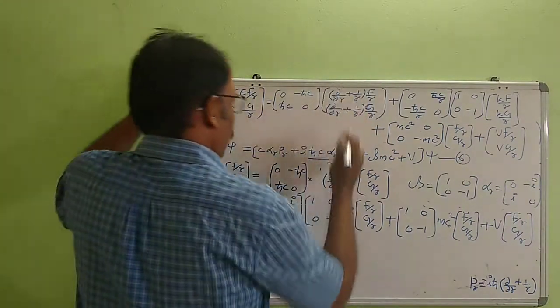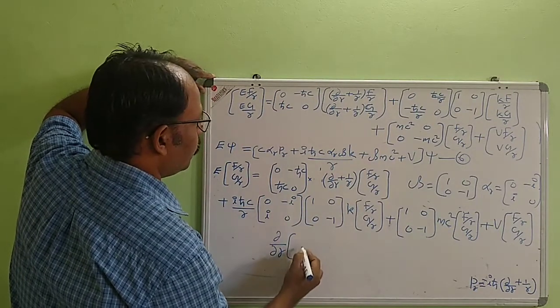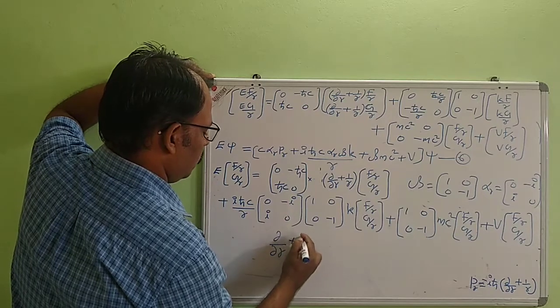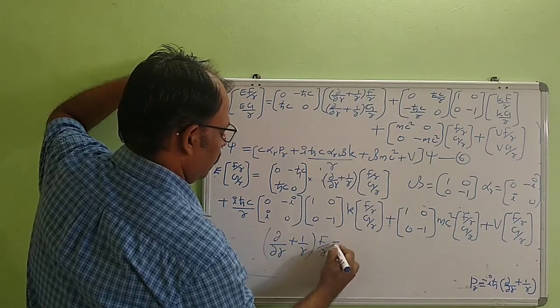Now take this term, dou by dou r of f by r plus 1 by r of f by r.